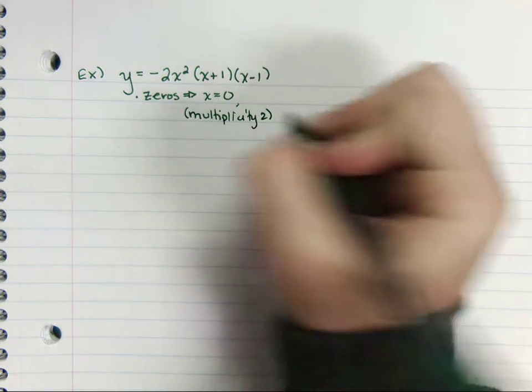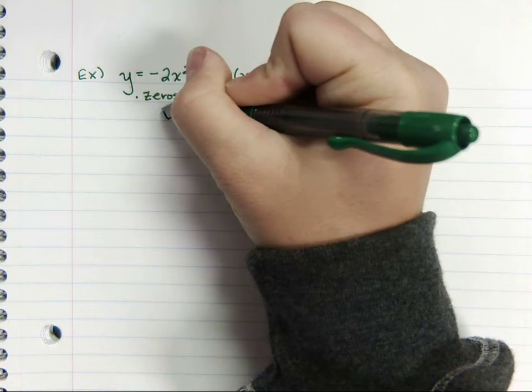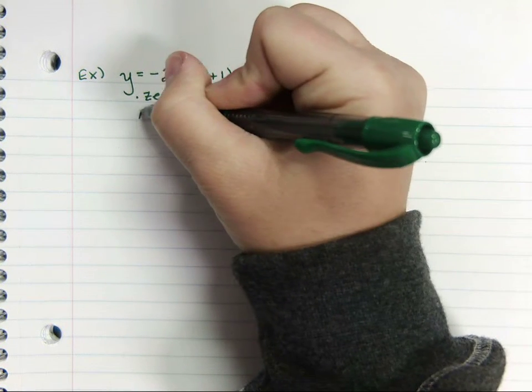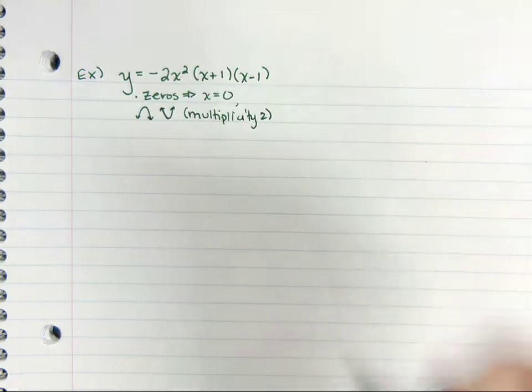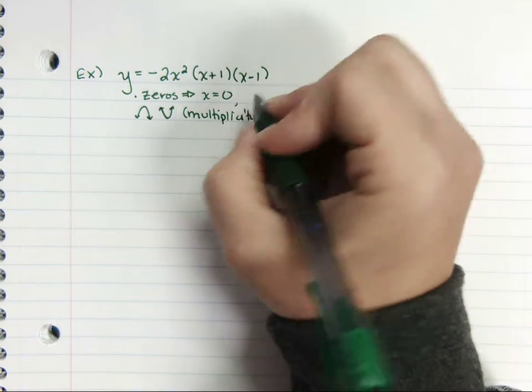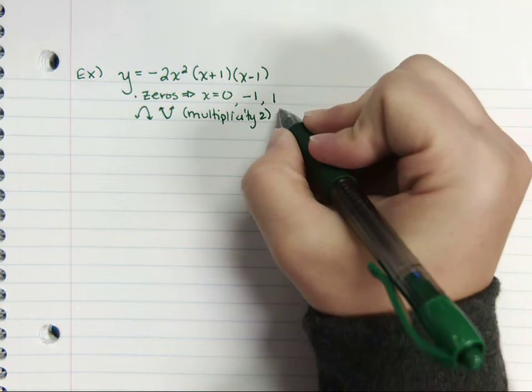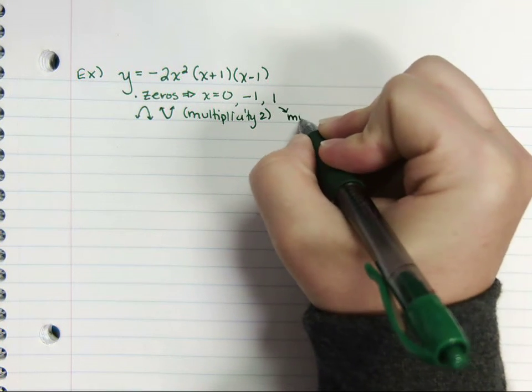Which is going to be important because depending on my arrows, it's either going to bounce and go up at that moment, or it's going to bounce and go down. And I don't really know exactly which yet. The other two zeros are at negative 1 and positive 1, and both of those zeros are multiplicity 1.